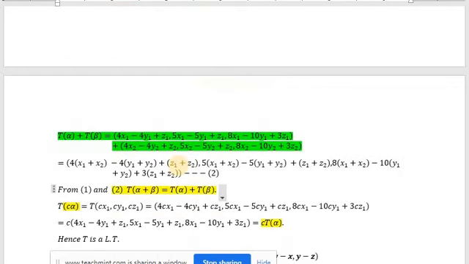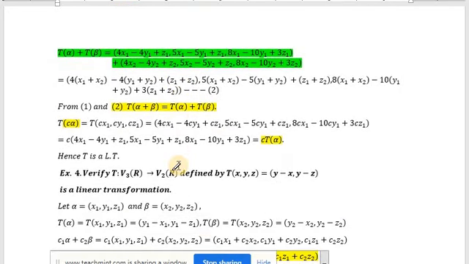Then T of alpha and T of beta we calculated, that is T of alpha is equal to (4x1 minus 4y1 plus z1, 5x1 minus 5y1 plus z1, 8x1 minus 10y1 plus 3z1) plus T of beta, which we have also calculated in the previous step, that is (4x2 minus 4y2 plus z2, 5x2 minus 5y2 plus z2, 8x2 minus 10y2 plus 3z2).